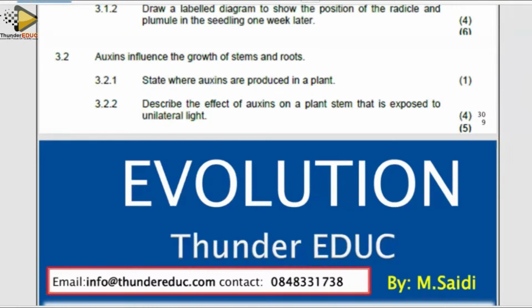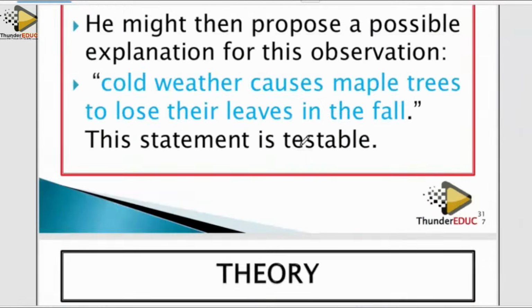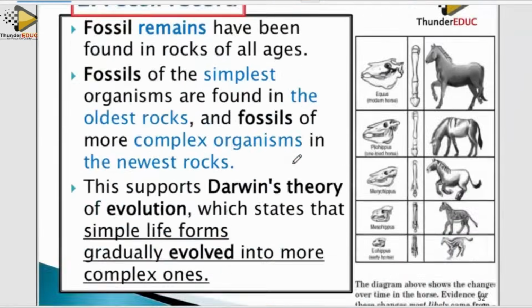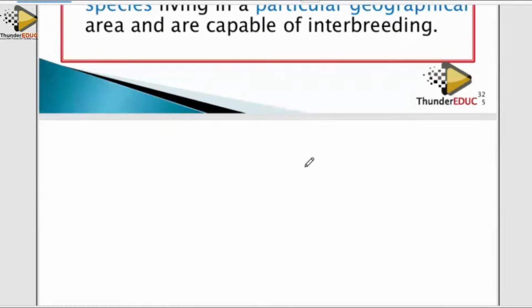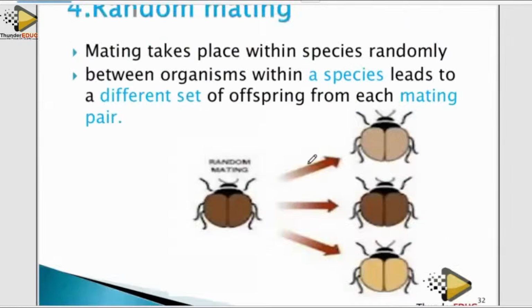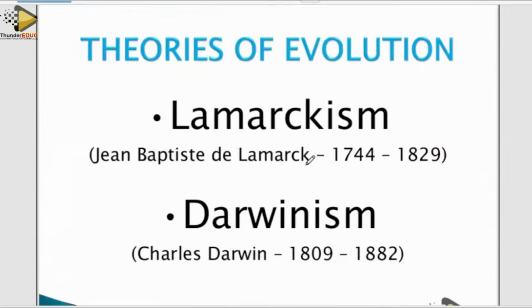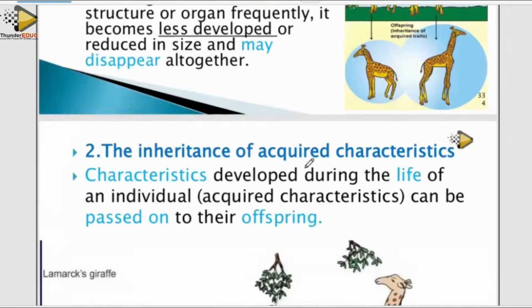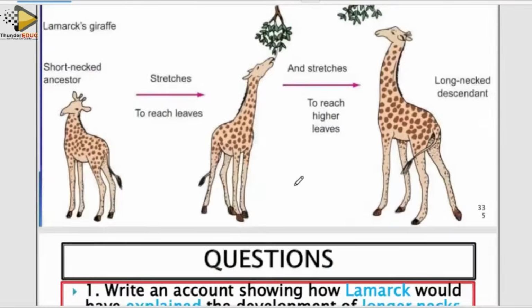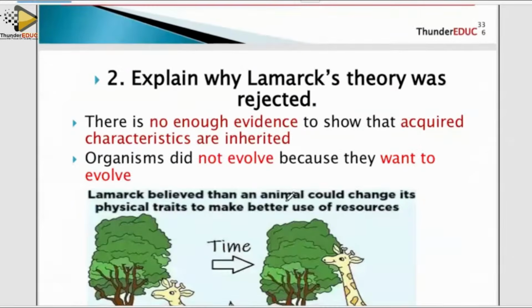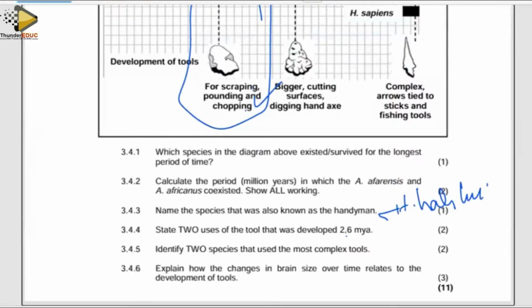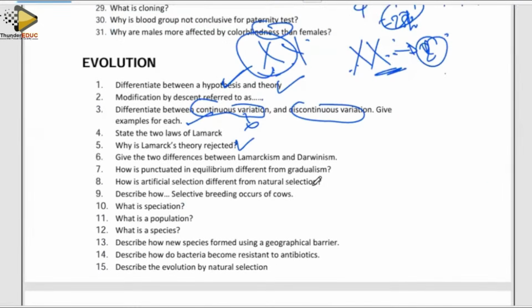And then there is not enough evidence to support that the characteristics which are obtained during lifetime are being passed to the next generation. Because the second law says that the characteristics we obtain during lifetime are being passed to the next generation. You see? So in this case, you have to be specific which characteristics they are talking about.